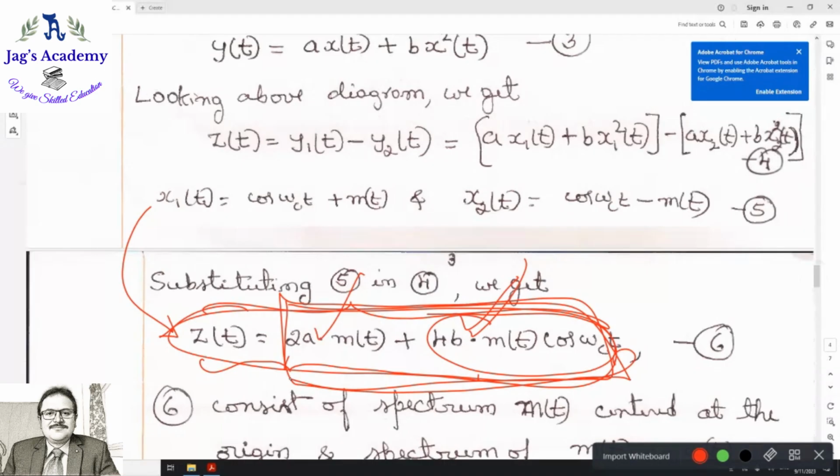Suppose your m of t signal is like this, and its corresponding m of f is like this. This is m of t, and this is m of f. Right? This is b hertz, this is minus b hertz. Suppose we take this in f. Now can you tell me what will be the shape of this?